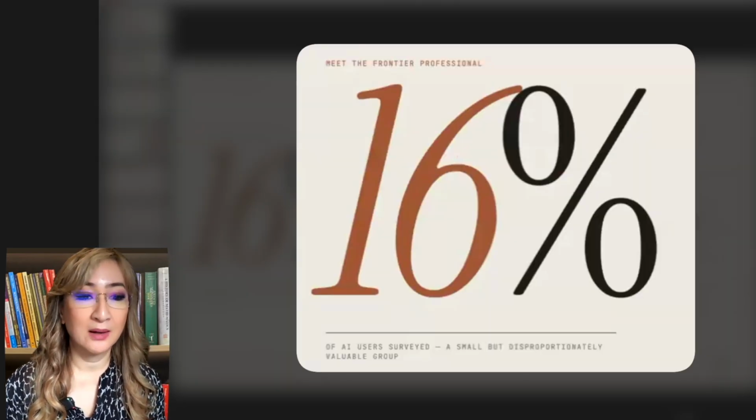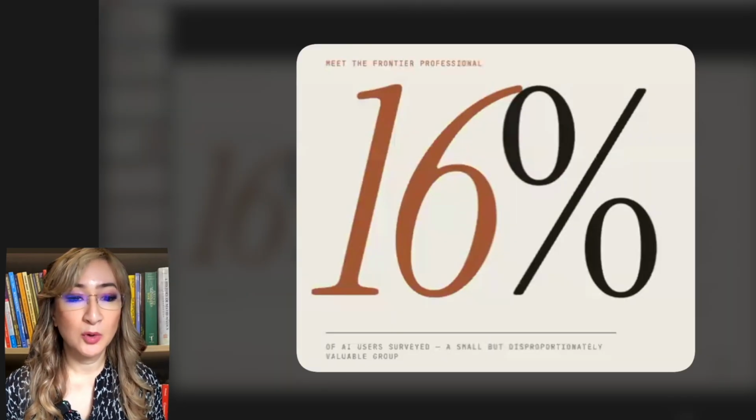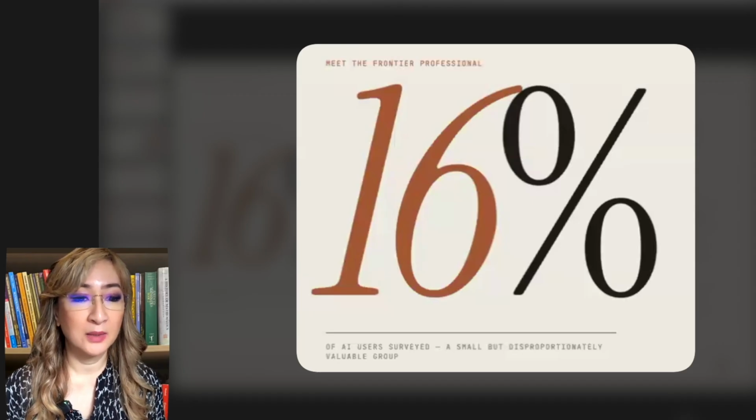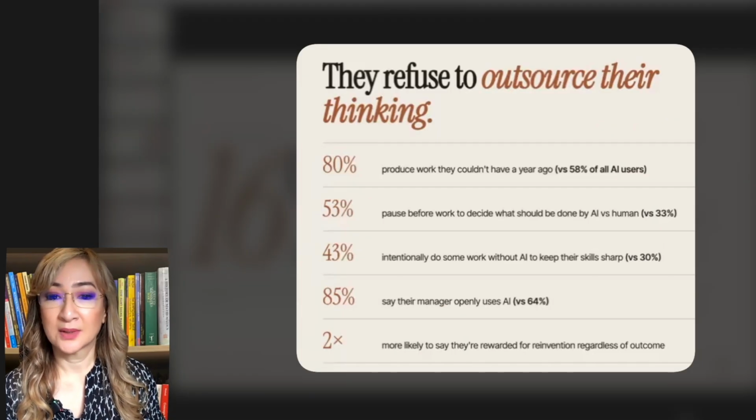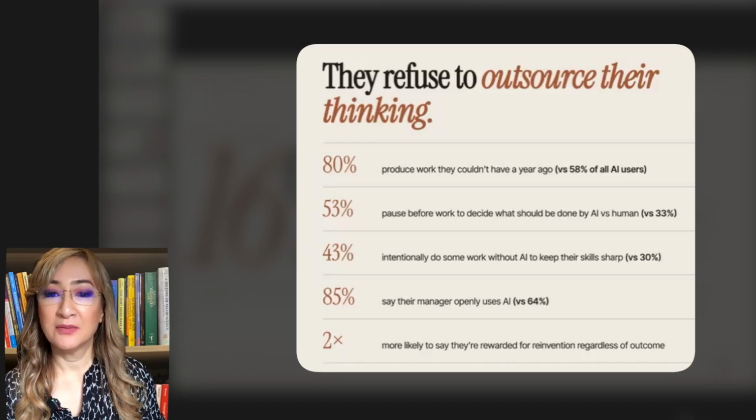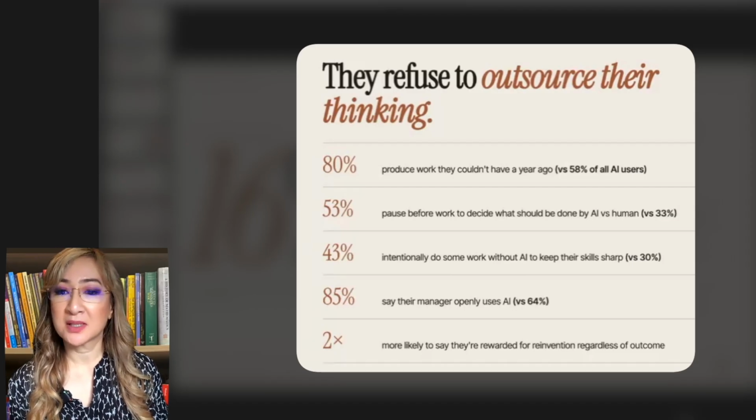16% of AI users surveyed, a small but disproportionately valuable group, they refuse to outsource their thinking. All right, so 80% produce work they couldn't have a year ago. 53% pause before work to decide what should be done by AI versus human.